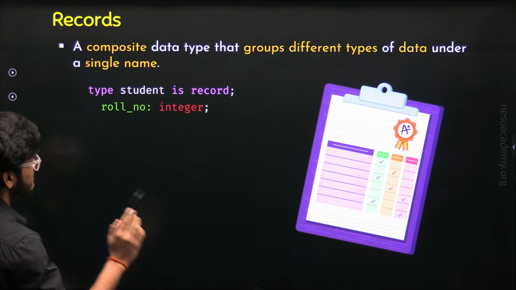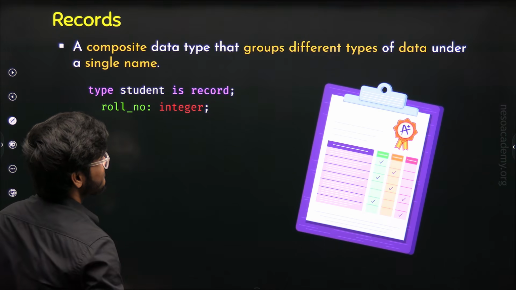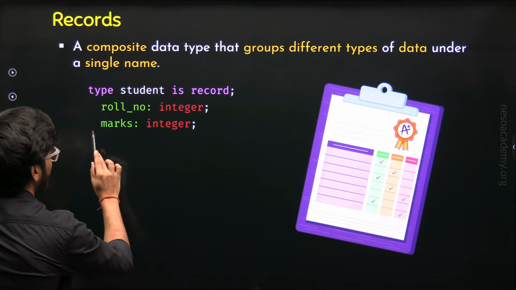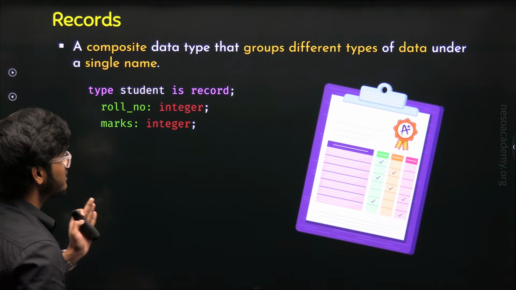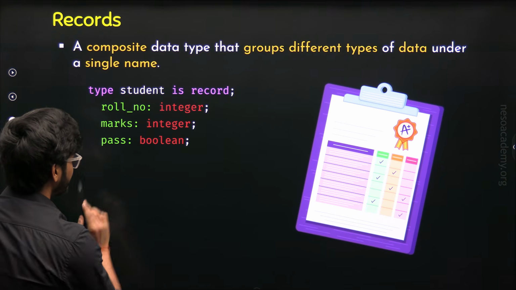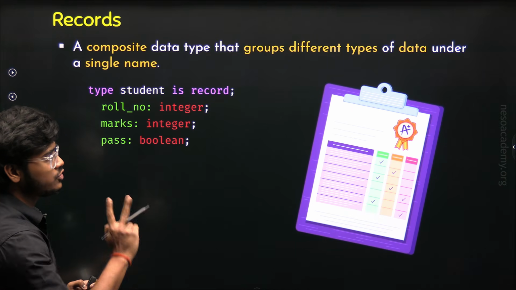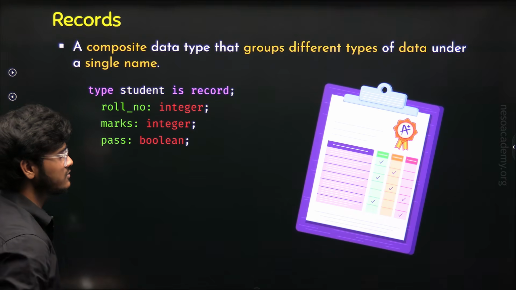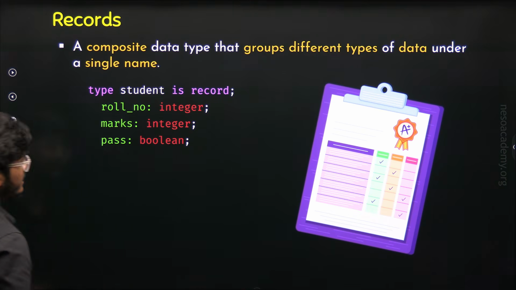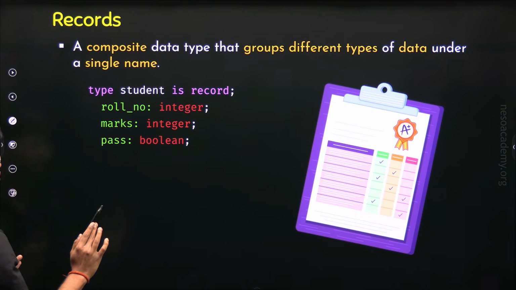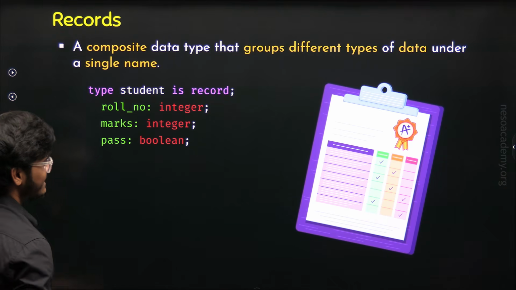The very first field is roll number, which is of an integer data type. The second one is marks, which is of an integer data type. And the third field we want is the passing status, whether the student is passed or failed, meaning 2 values, either true or false. For that, I am using the Boolean data type. So here I have created a record for student consisting of roll number, marks and passing status.